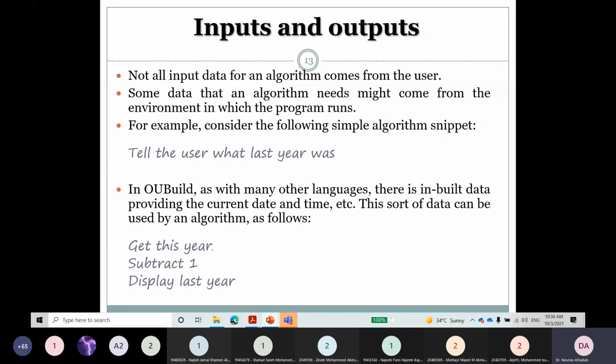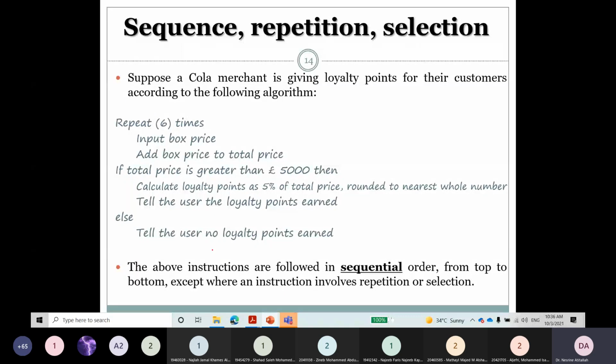Okay, move now to sequence, repetition, and selection. Suppose a cola merchant is giving loyalty points to their customers according to the following algorithm. Look here: you repeat 6 times, input box price, add box price to total price.